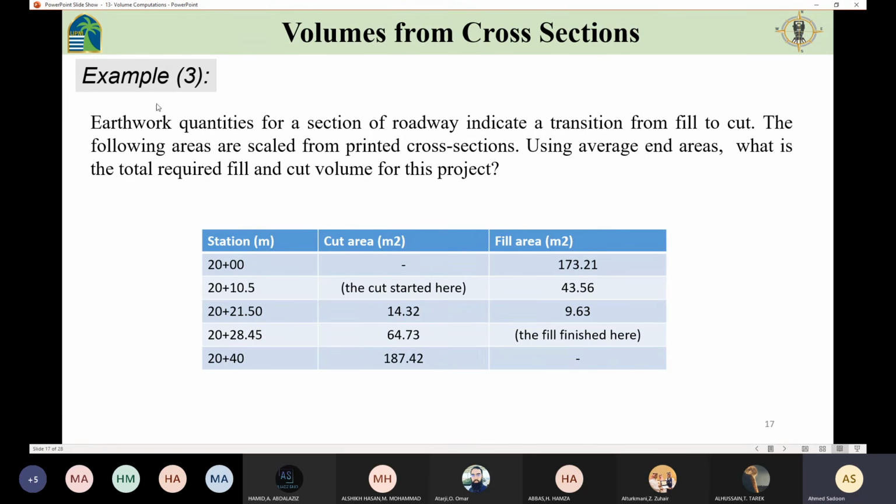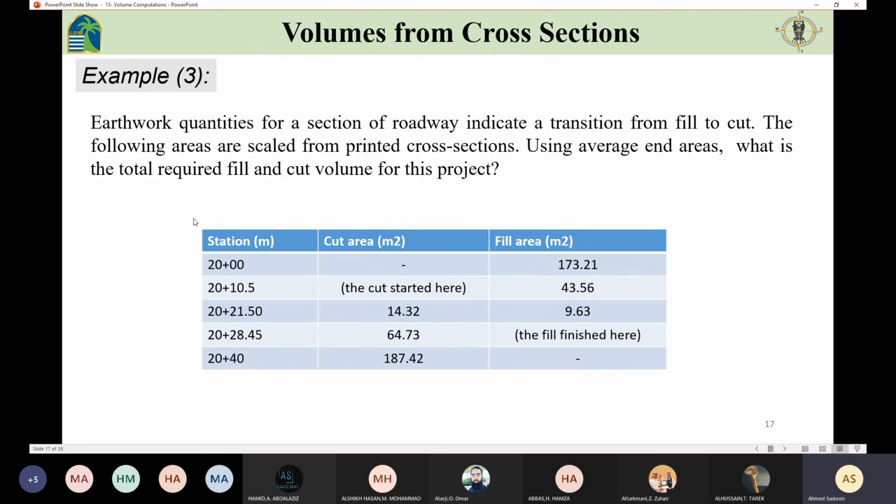And the following areas are scaled from printed cross sections. And he says, using the average end areas, which means the methods that we have introduced, what is the total required fill and cut volume for this project?